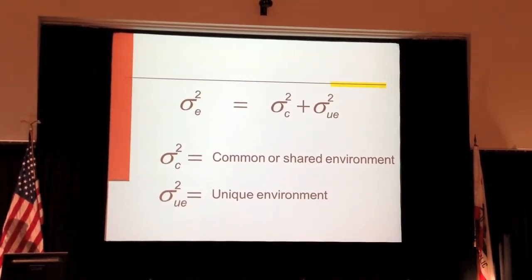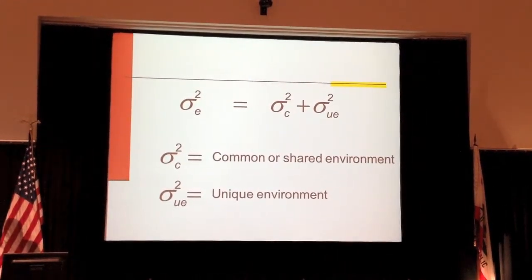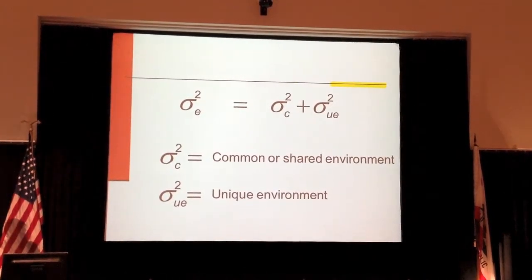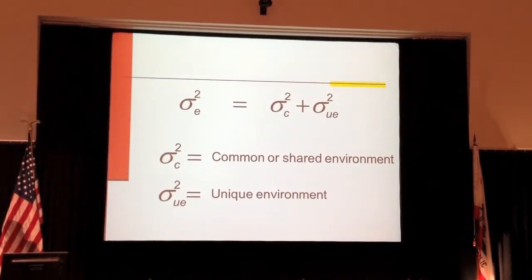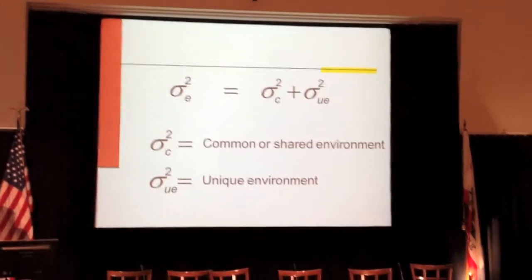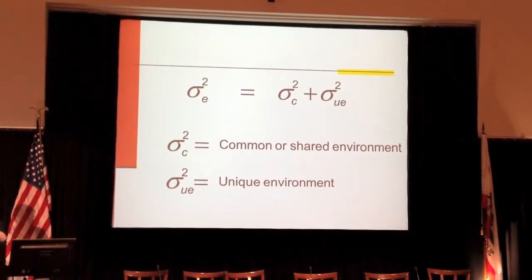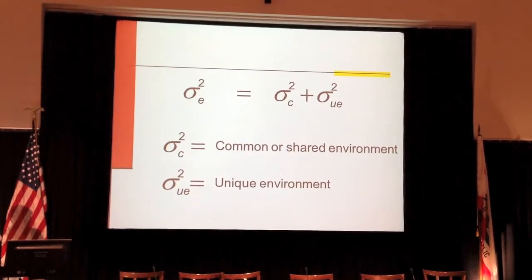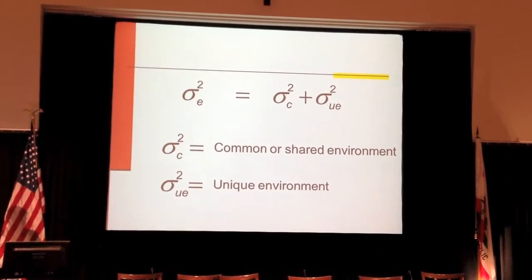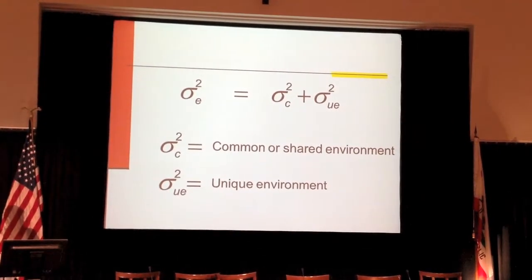I think to fully execute the ACE model, you actually have to have genetically close individuals who live in different households, such as children who have been adopted, or incomplete families, where you have a split between families, such as a father or mother leaving a family and moving to another household. Only then can you start accounting for the common or shared environments.